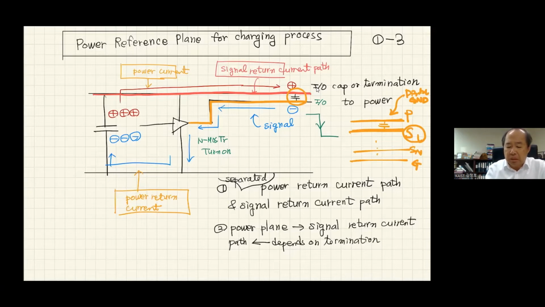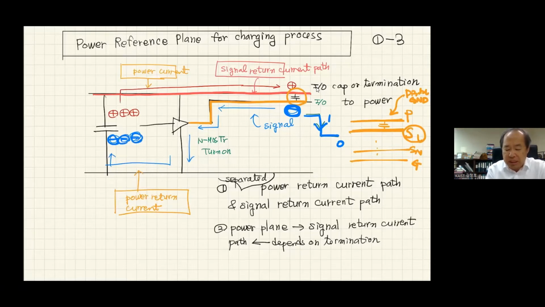Let's consider a case when we have a transition from high to low level. To make this signal line voltage change from high to zero level, negative charge has to be supplied to this I/O signal, and that charge will be supplied from the decoupling capacitors.